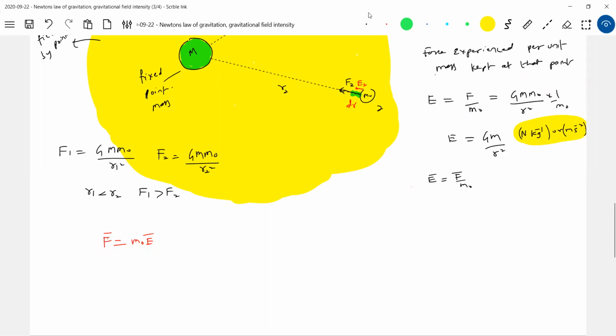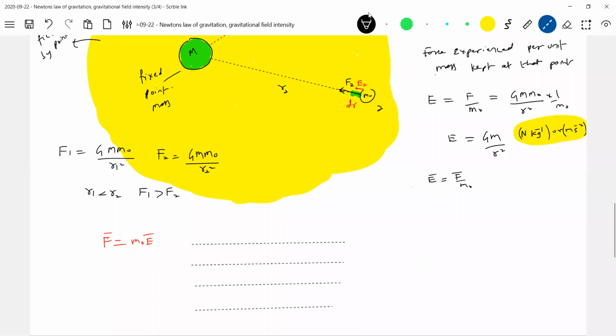So let me show a rough diagram. What are the dotted lines? These are the direction of E bar. We still don't know the exact definitions of the gravitational lines of force. Only for your understanding, I'm showing a uniform gravitational field.